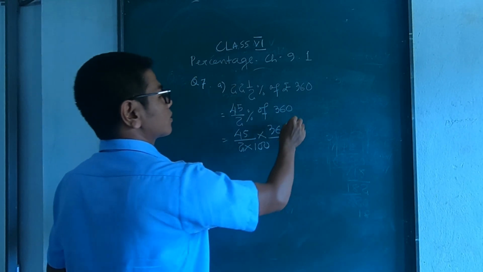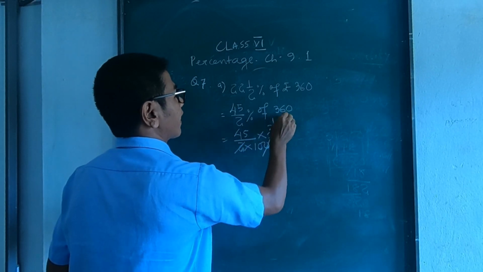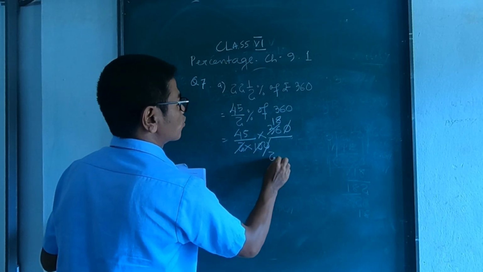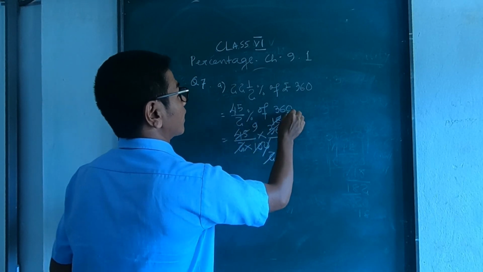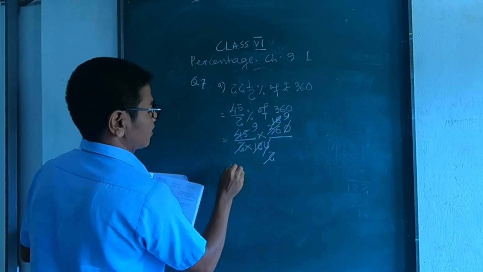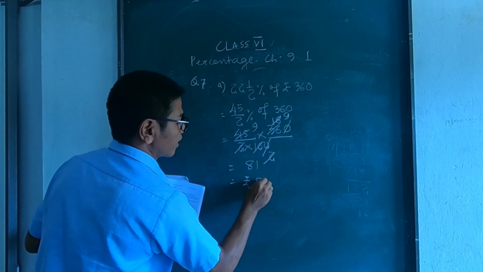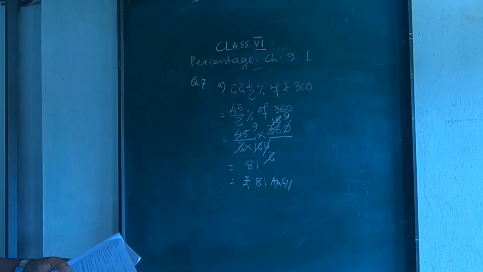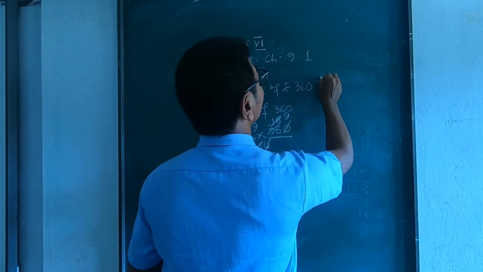Let us cut the zeros. We can also cut by 2, 18, the 36. We can also cut 5 with 5, 9. Then cut 18 with 9. 9 nines, 9 into 9 is 81. Since there is rupees, you put rupees 81. That's the required answer.